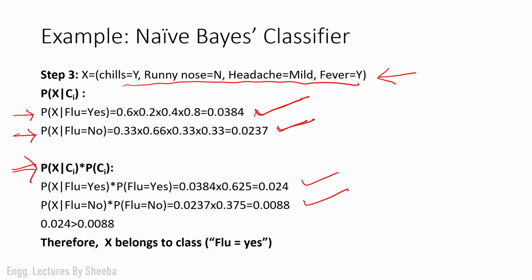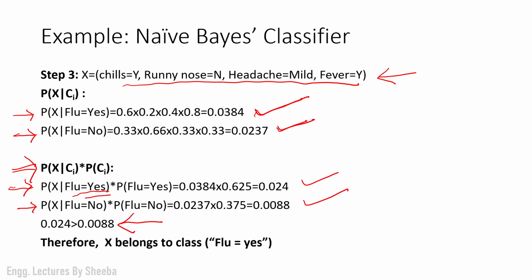Now you got all the probabilities. Now what you have to do? This case is for the given sample data set with the flu yes classification, and this is for the sample set X with the no classification. When you compare these two probabilities, 0.024 and 0.0088, we know that 0.024 is greater than 0.0088. So this value is the probability of the classification being flu is equal to yes.